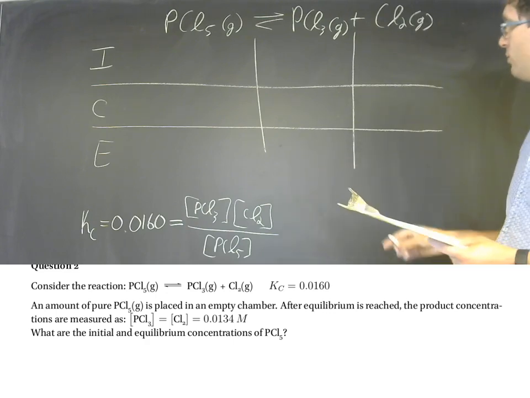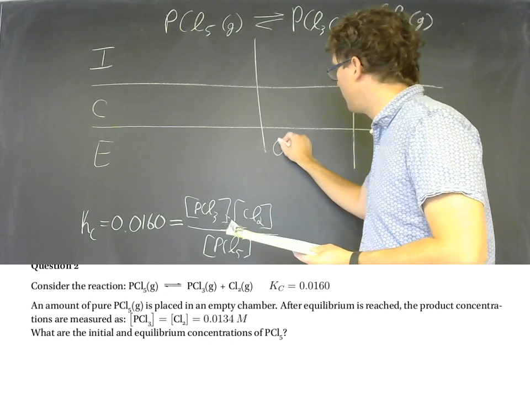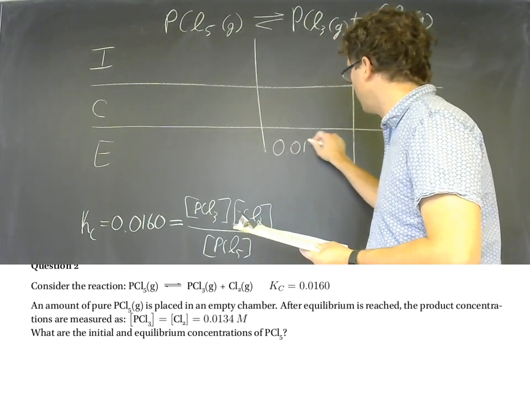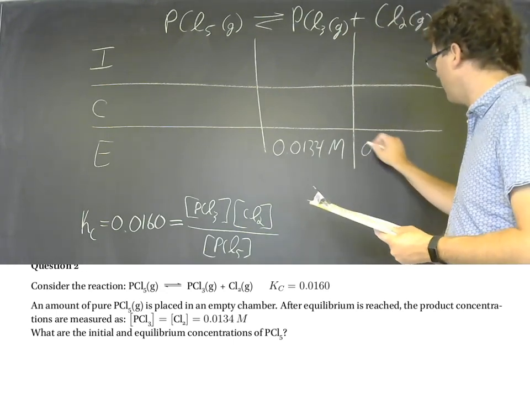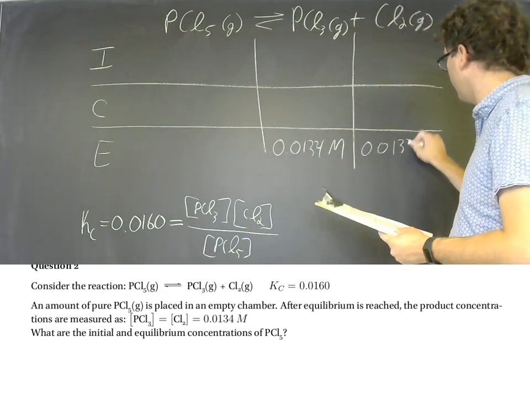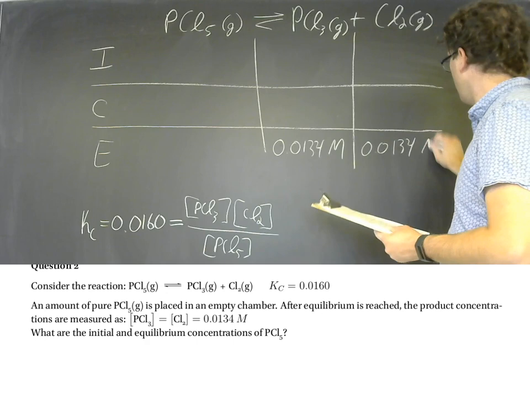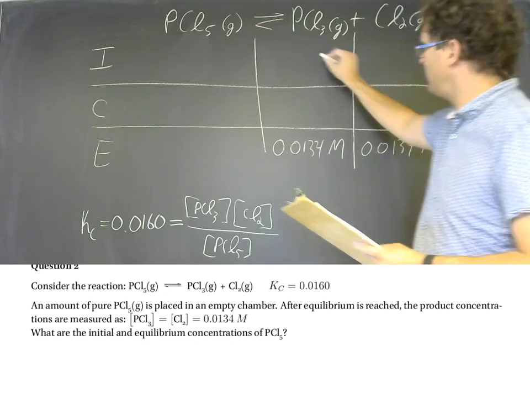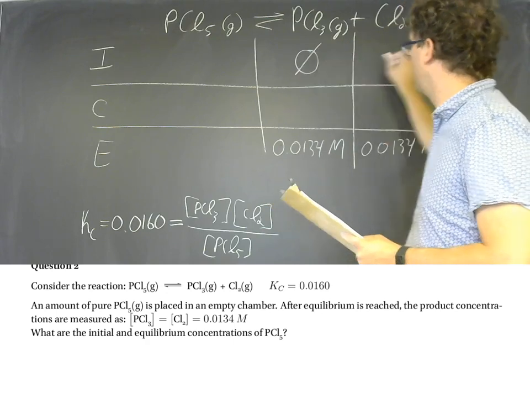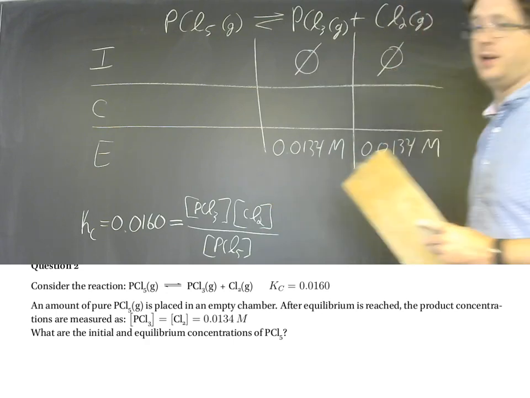So what do we know? This is the only number that we really have, 0.0134 molar and 0.0134 molar. And we also know that it was an empty chamber, and so we have zeros right there.